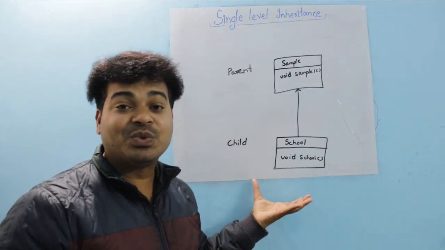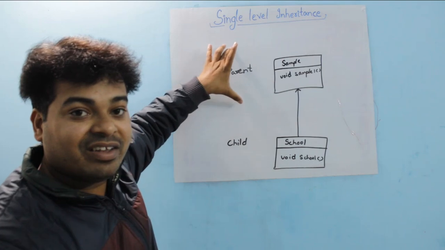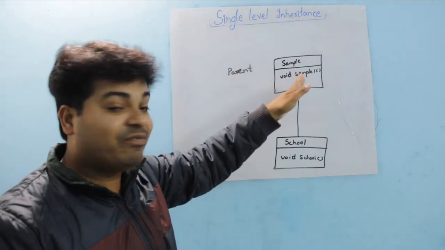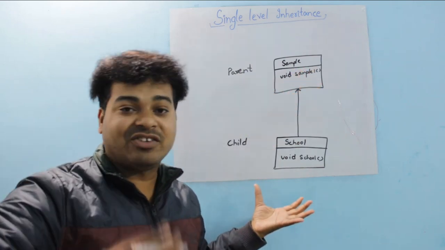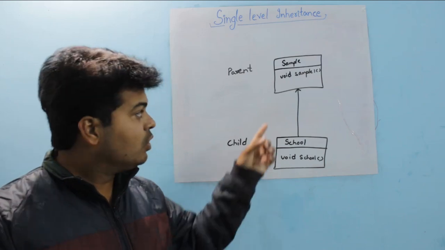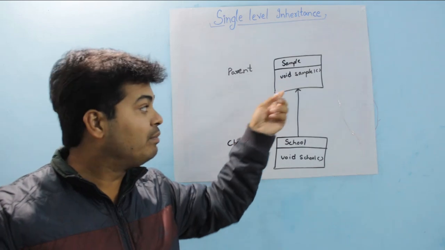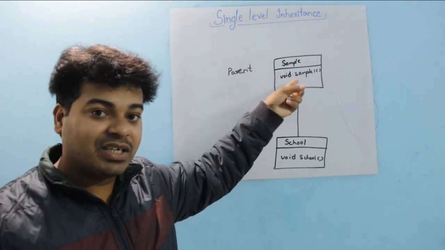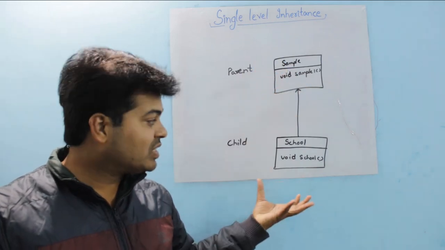Inheritance helps us reuse the code. Whatever class is already derived, the same methods and same variables, you can use in the new class that you are forming. And always remember, in case of inheritance, only non-static methods and non-static variables can be inherited. Static methods or static variables cannot be inherited to the subclass.